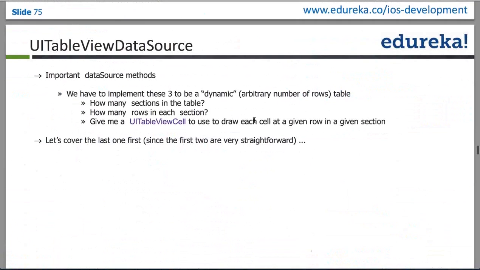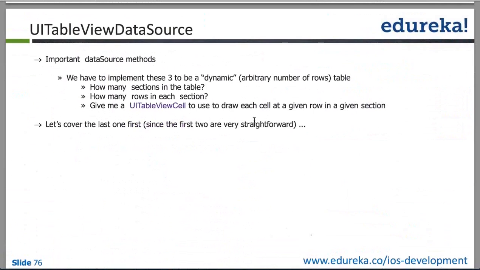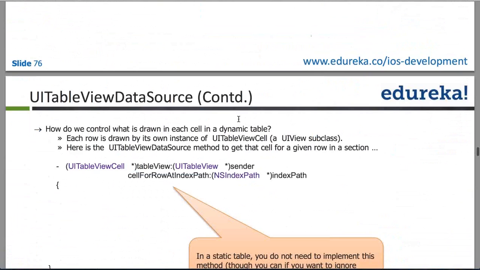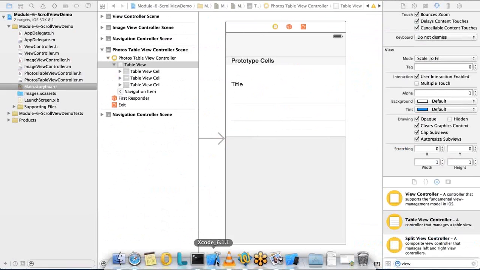So what are the data source methods we have? Basically we have 3 required data source methods, and the other data source methods are optional. You may or may not implement them. If you want to have a look, let us look at all those data source methods now.